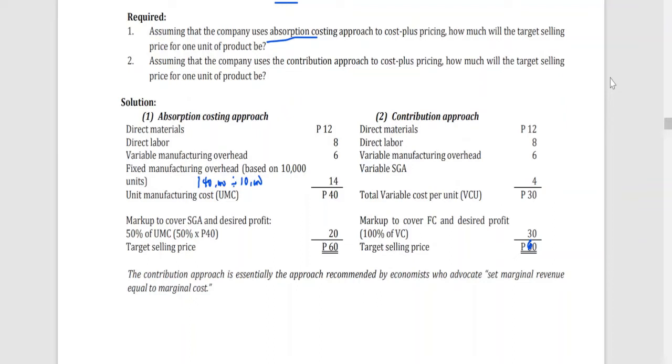But this is not always the case, because it depends on what is given. It turned out for this problem that either way, they can set the price at 60 pesos.